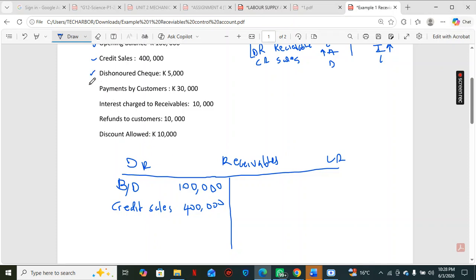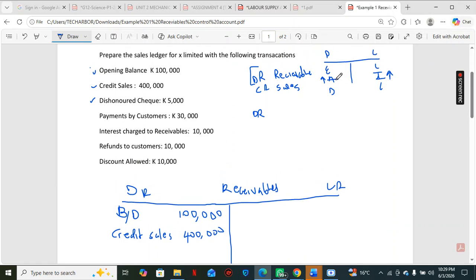Then we have dishonored check of 5,000 kwacha. So this is the whole story about how a dishonored check happens. Originally, let's say a customer comes to you. They give you a check of 5,000. What do you do? Since you're receiving money, and money is an asset, according to the double entry rules, increasing an asset, you debit.